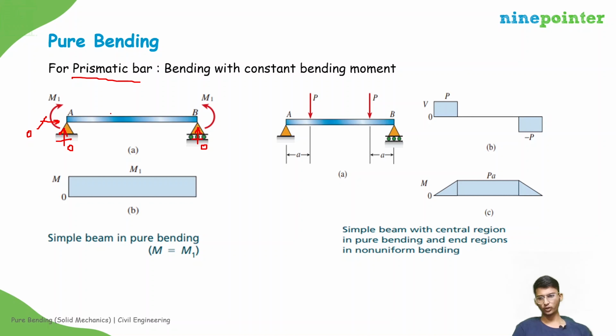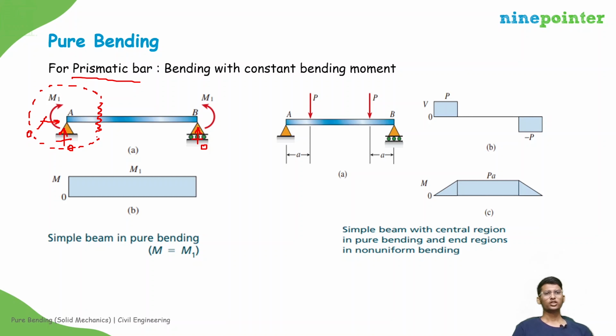So if you cut over here, this is the method of sections to find bending moment at a section, right? If you consider this part, we already know that if the whole beam is in equilibrium, then every part of the beam will also be in equilibrium.